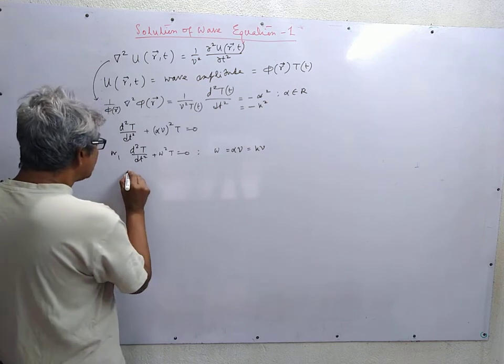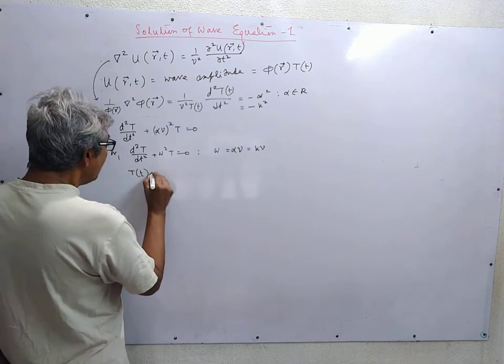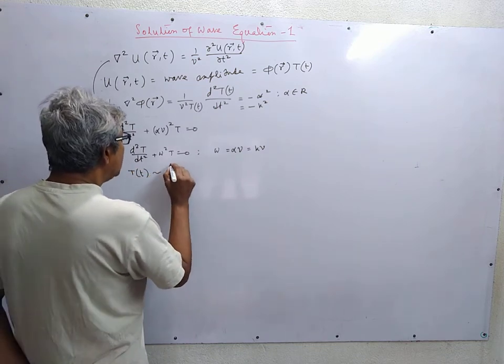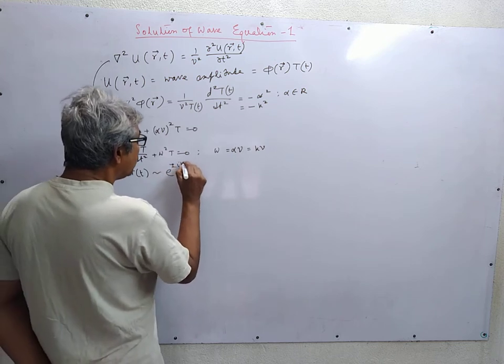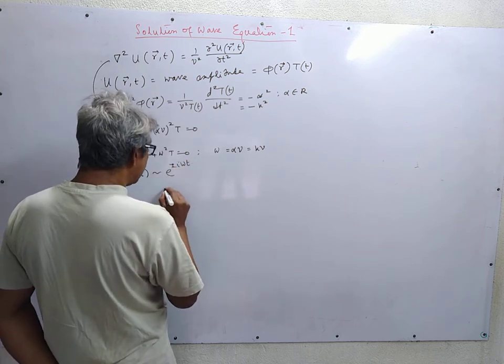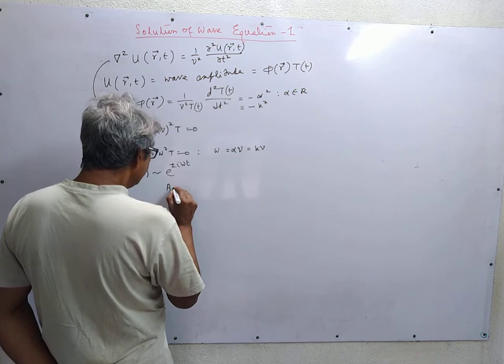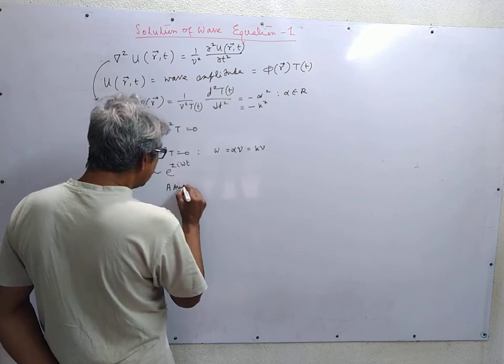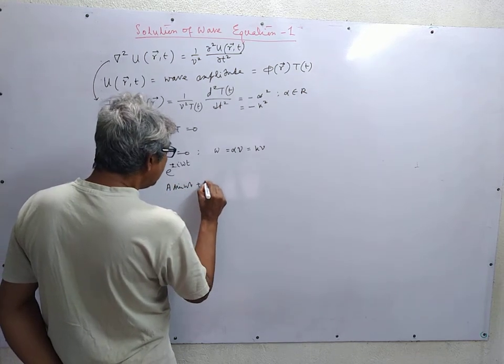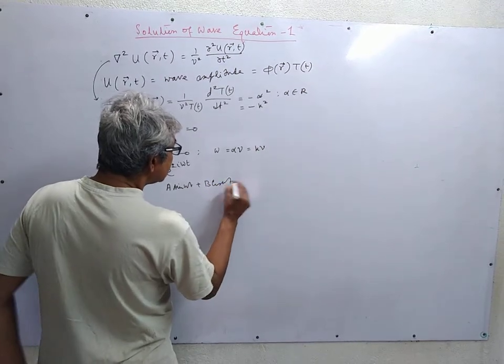So the T solution is of the form e to the power plus minus i omega t, or we may choose it as a sin omega t plus b cos omega t.